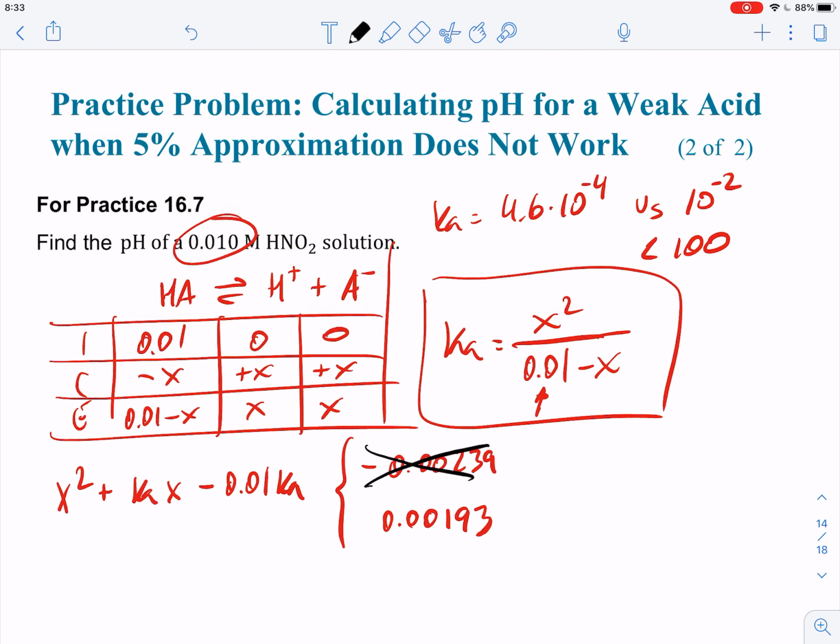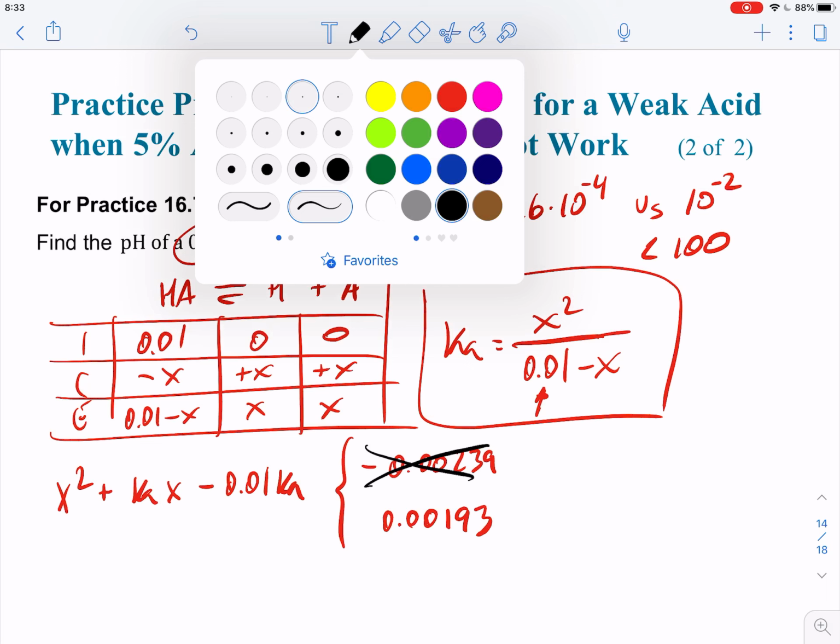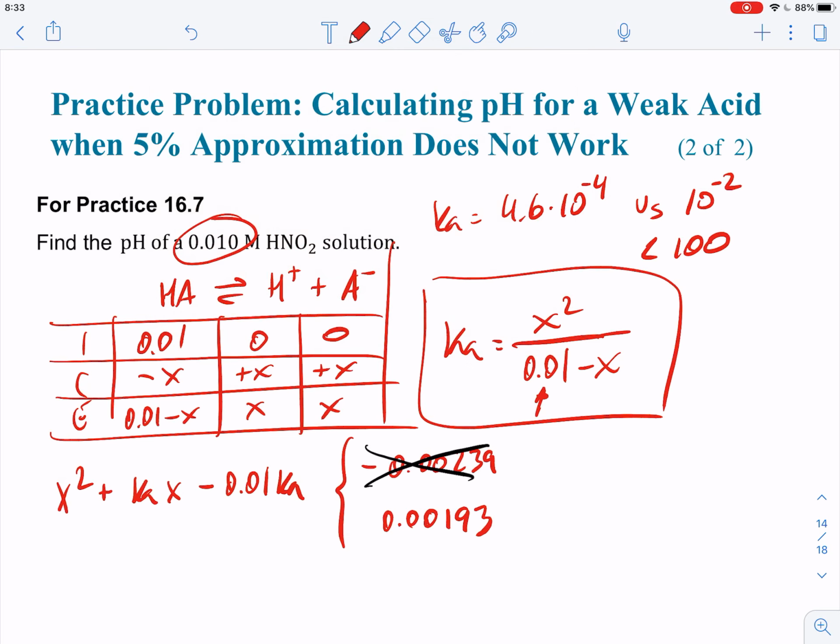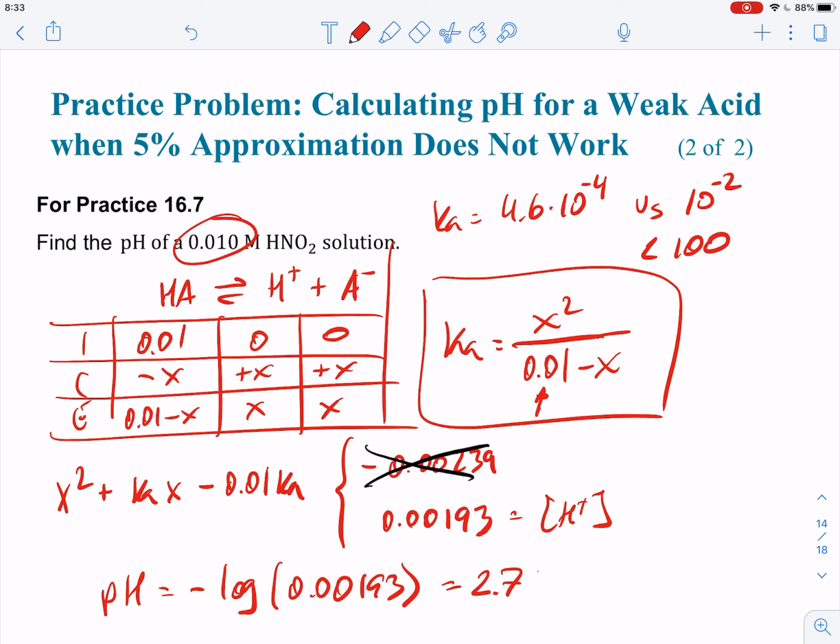You pick the positive one. Okay? You pick the positive one, and pH, if you want to do that, is going to be minus log, because this is the concentration of H plus, minus log of 0.00193, and that is equal to 2.71.